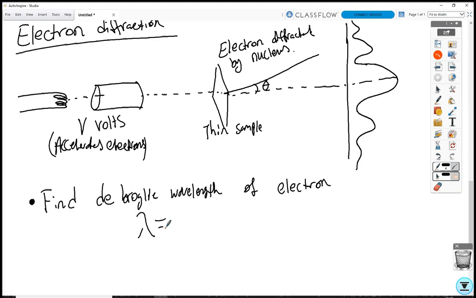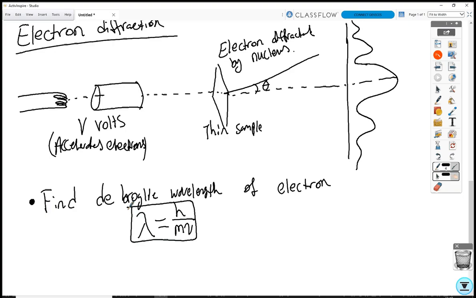So lambda equals h over mv. Next, for diffraction to occur, that separation, R, the nuclear radius, has to be roughly equal to the wavelength of the electrons.